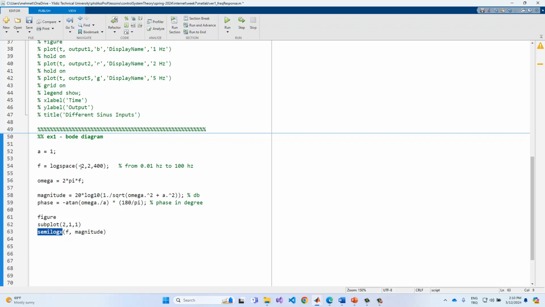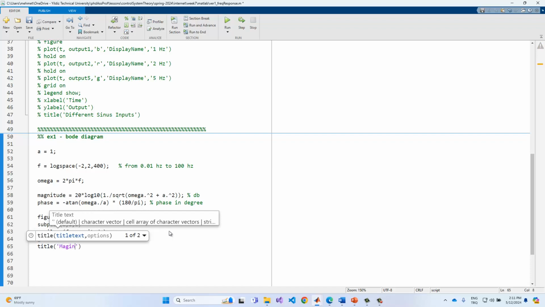For example, we can assign 0.01, 0.1, 1, 10 and 100, and we can create the changeable scale in the figure. Okay, and then the color red, and the title should be given as magnitude plot.